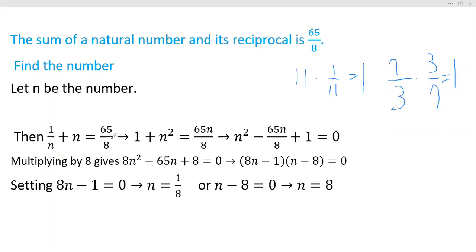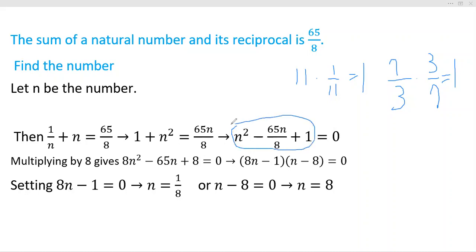And of course, n times 65/8 is 65n/8. Now, often in mathematics, if you're trying to solve an equation, it's useful to get 0 on one side. So if you subtract 65n/8 from this side, you get this equation right here.